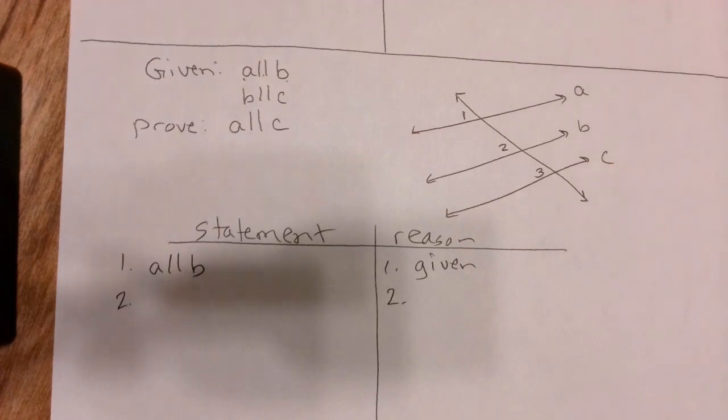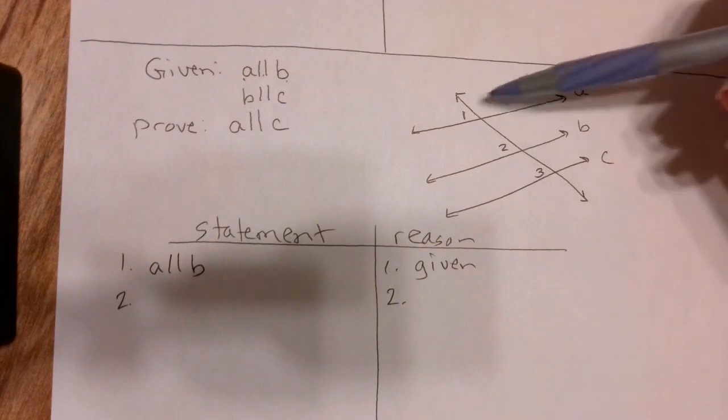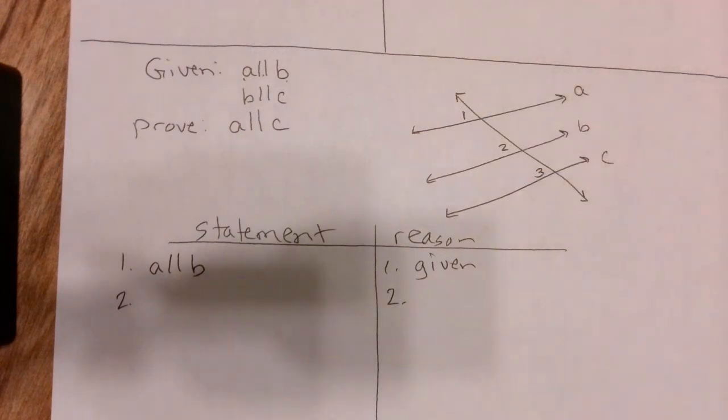We know they are parallel, so that means that we're going to use one of the theorems. Now I went ahead and labeled 1, 2, and 3. This is one of the most direct routes in this proof.